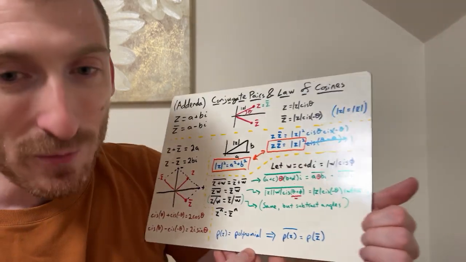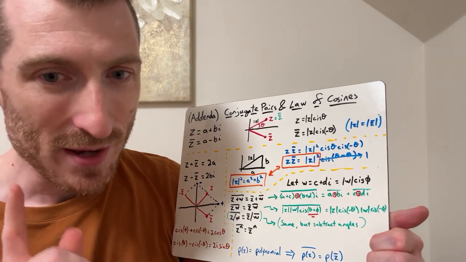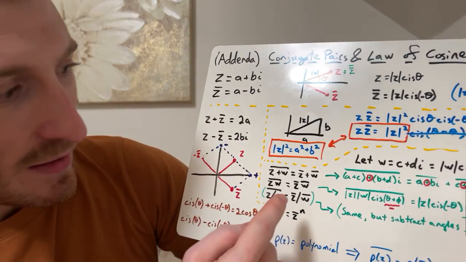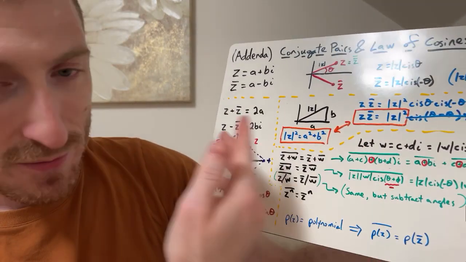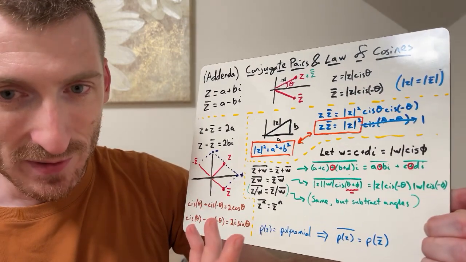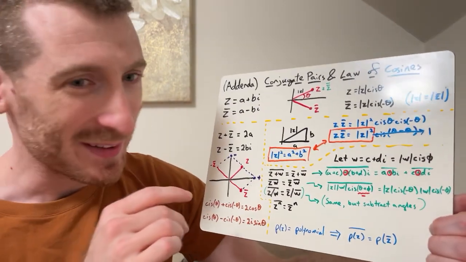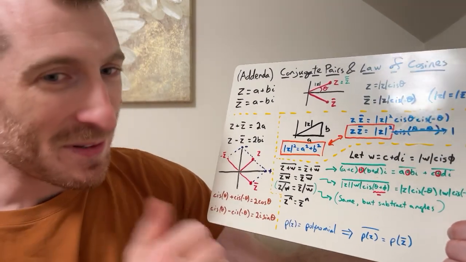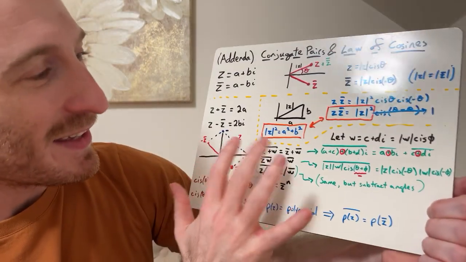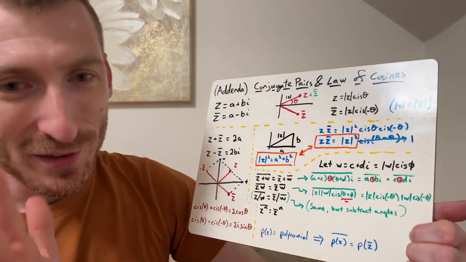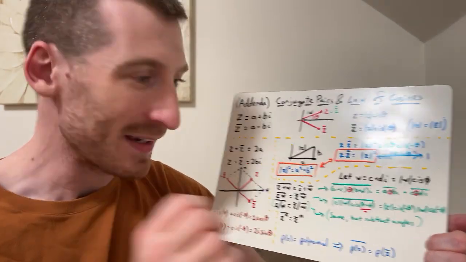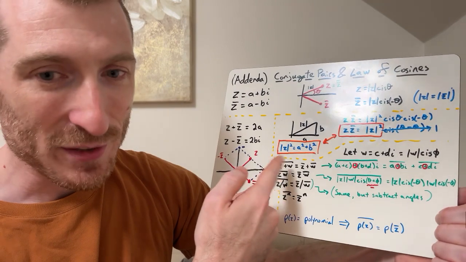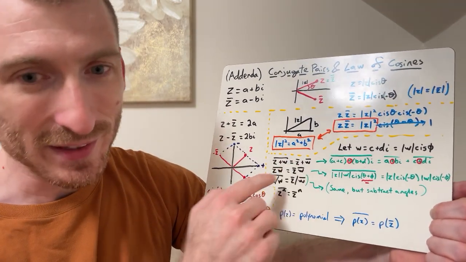Okay, and one last really nice property of complex conjugates is that if we have any two complex numbers, or circular numbers, because I don't really want to call them complex, see previous videos. But basically, complex conjugates work really, really nicely with arithmetic. If we want to take the complex conjugate of a sum, we just take the sum of the conjugates.